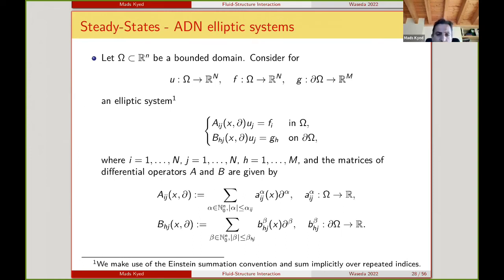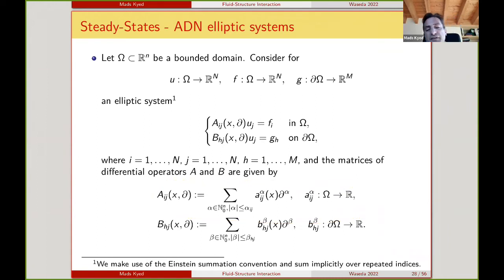Okay, so Agmon-Douglis-Nirenberg theory. Let us consider a bounded domain omega and a system consisting of differential operators A_ij.